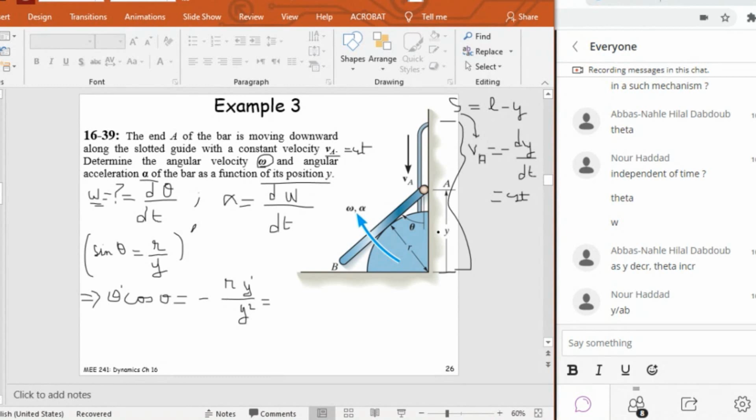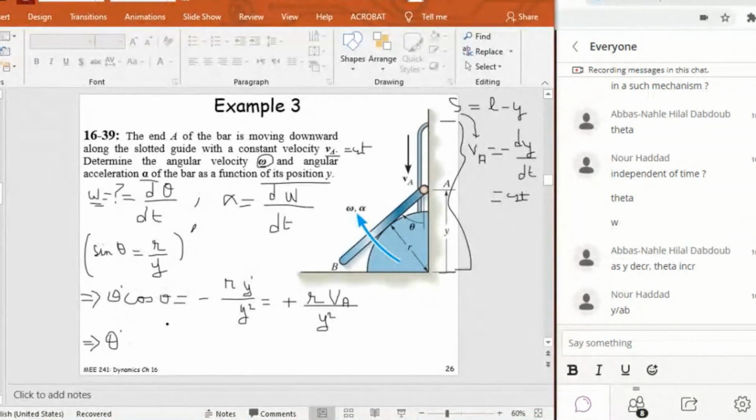Now, what is y prime? Y prime is in fact minus VA, which means minus minus plus. So this is r VA over y squared. Now, this means that theta dot times cosine theta is equal to r VA over y squared.